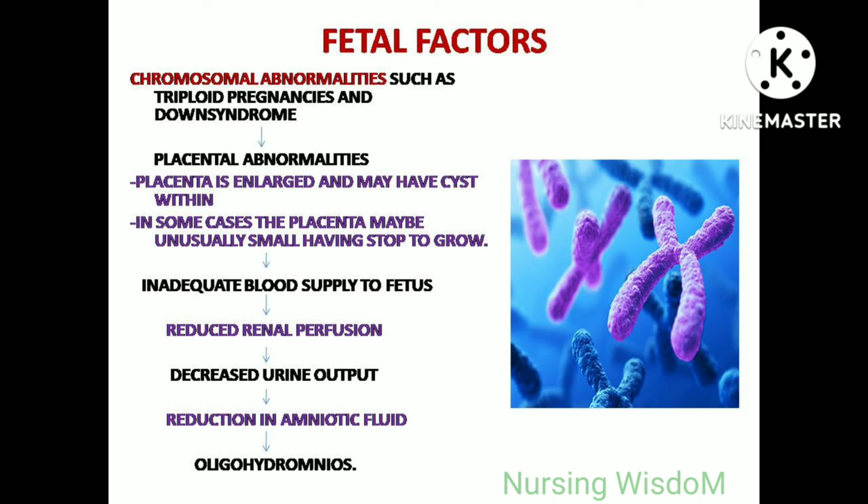The placenta is enlarged and may have cysts within, or in some cases the placenta may be unusually small, having stopped growing. That will cause placental insufficiency and inadequate blood supply to the fetus, leads to reduced renal perfusion and causes decreased urine output, leads to reduction in amniotic fluid and causes oligohydramnios.